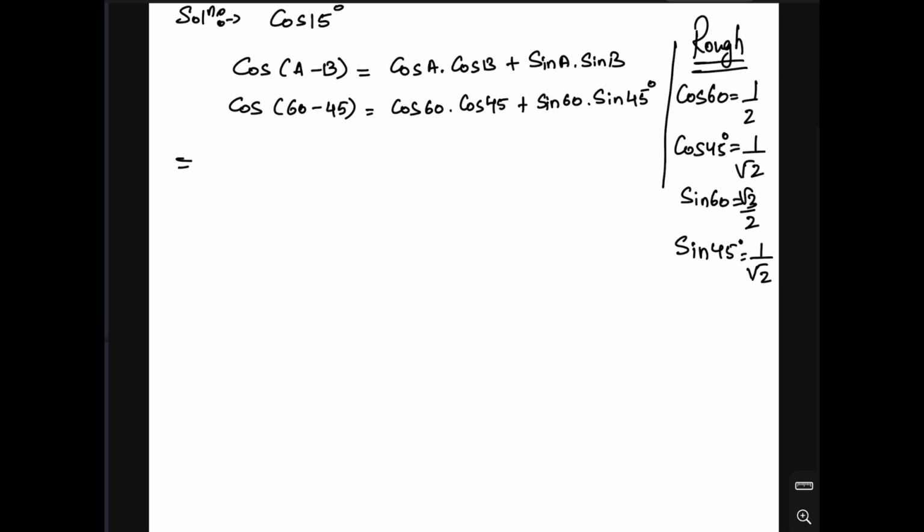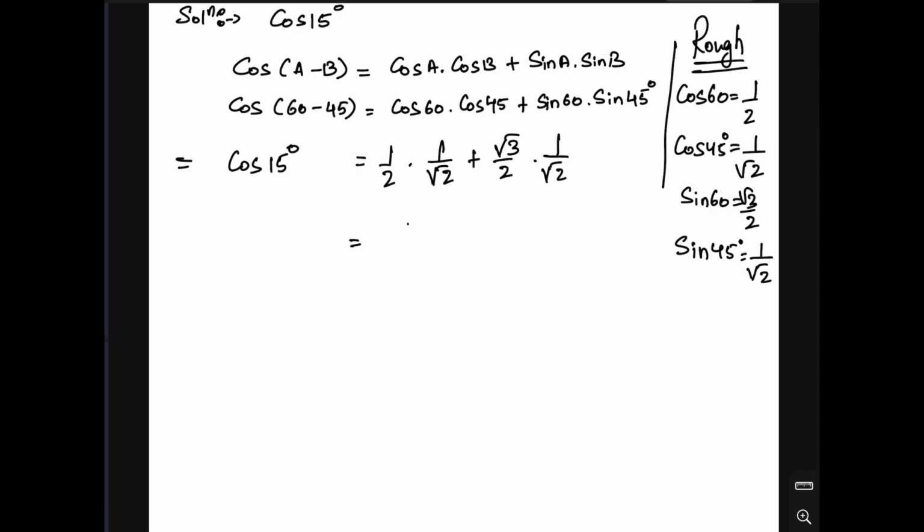Cos 60 is 1 by 2, into cos 45, 1 by root 2, plus sin 60, root 3 by 2, into sin 45, 1 by root 2.